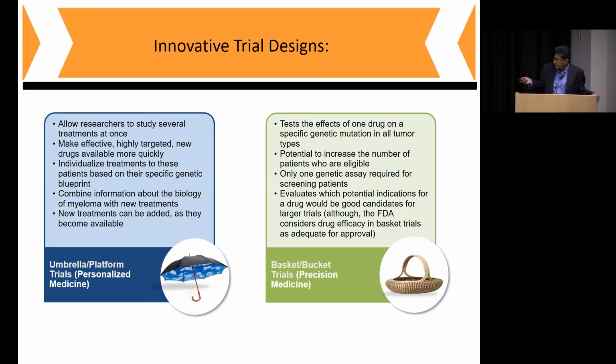And so there we come up with new trial designs, and this is something I'm sure Dr. Kumar is going to talk about. He's leading one of the largest umbrella trials in myeloma, where you get the different pharmaceutical companies, which is rare, to partner and say, okay, we're going to try to solve this problem together, and we will fund a single study where if you have a certain mutation, then you'll get a Pfizer drug. If you have a second mutation, you'll get a Moderna drug, or a third mutation, you'll get a GSK drug.